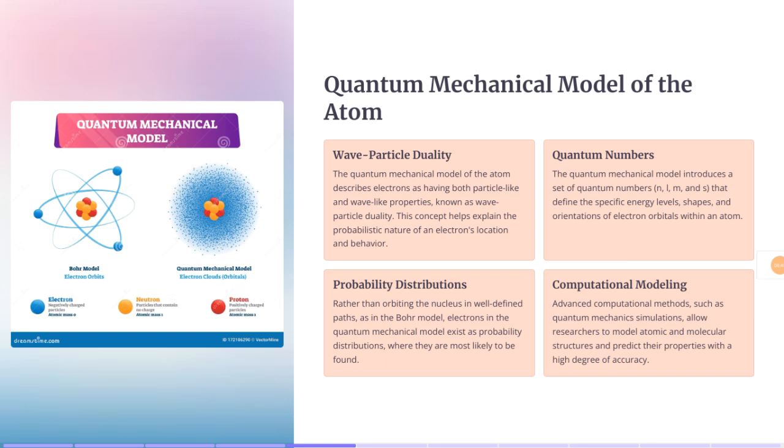Computational modeling. Advanced computational methods such as quantum mechanical simulations allow researchers to model atomic and molecular structures and predict their properties with a high degree of accuracy.